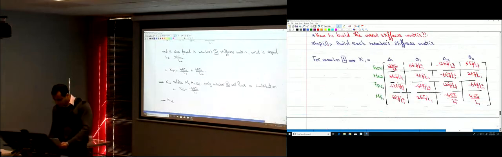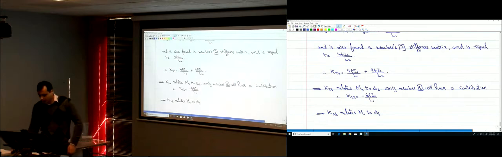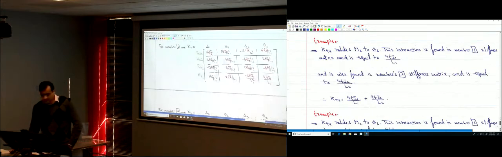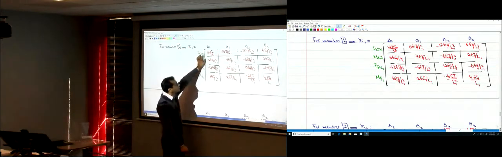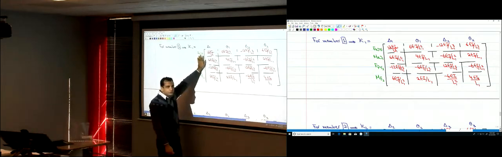So this one relates M1 to theta 3. Let's see, where does the contribution come from? Let's get the numbers from the 3 matrices here. M1 to theta 3. Where's theta 3 here? There is no theta 3.